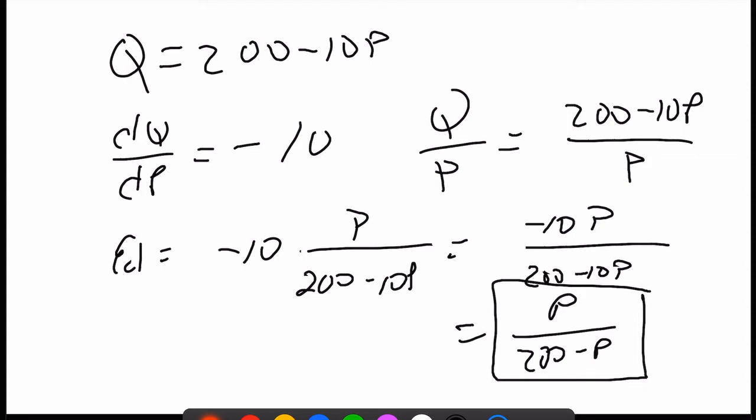Before, we would always do this in principles class by calculating an arc elasticity. So we'd always say, this point minus this point, the midpoint, the edge. And we left point elasticity. We said, look, we don't calculate point elasticity because it's too hard. Well, it's actually not too hard, but you have to understand calculus to do point elasticity.